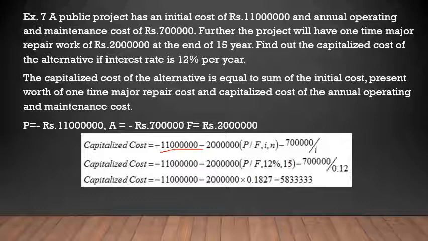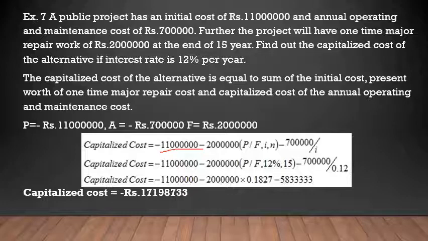So substitute the values from the factor table. I is 0.12 and we get the answer as 1,71,98,733. This is the total capitalized cost.